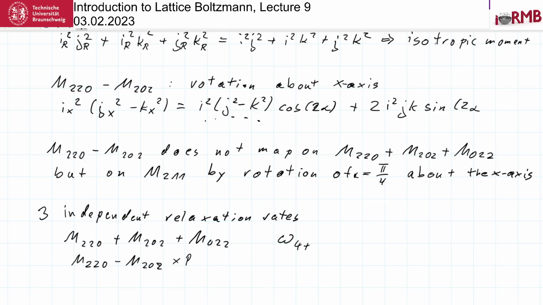There's 3 of them, 3 permutations. And these we give the rate omega 4 minus, and then we have M211. This also has 3 permutations. And we give them the rate omega 211.